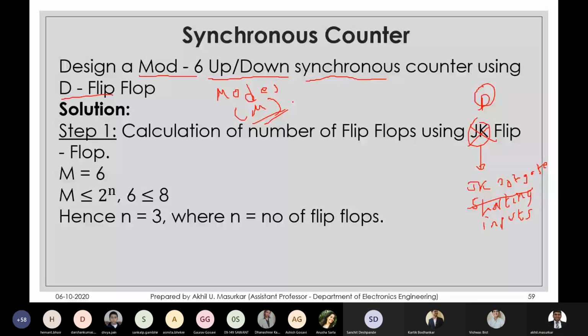Let us say that if m is equal to 0, I will count from 0 to 5, and when m is 1, I will count from 5 to 0, in reverse. You can also keep this as 1 and this as 0, but either way it should work. You may ask why m equal to 0 only up count, why not 1? Okay, fine, do what you want. You are the designer. As long as you are able to do it, I don't have any objections.